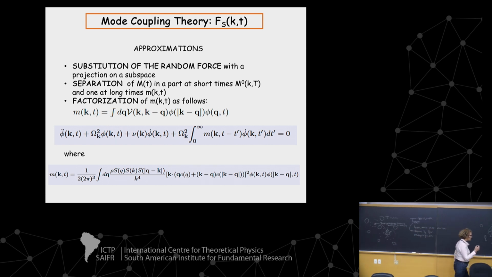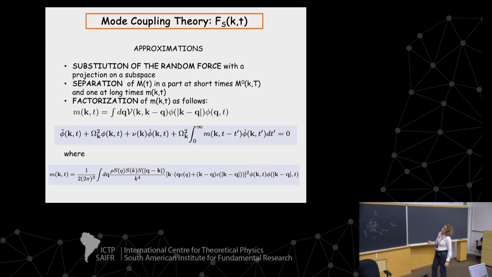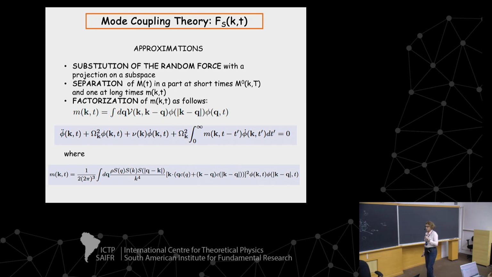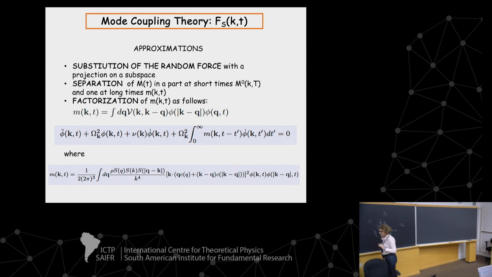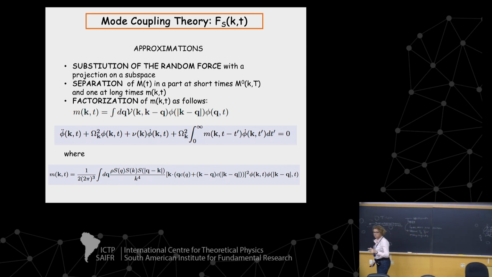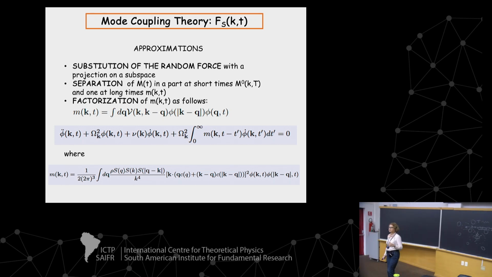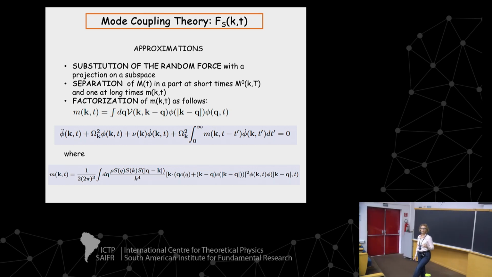Then you start mixing the modes. For those of you who are familiar with the Kawasaki mode coupling theory, I don't know if there is any of you, Kawasaki mode coupling theory is an alternative theory to explain second-order critical phenomena.